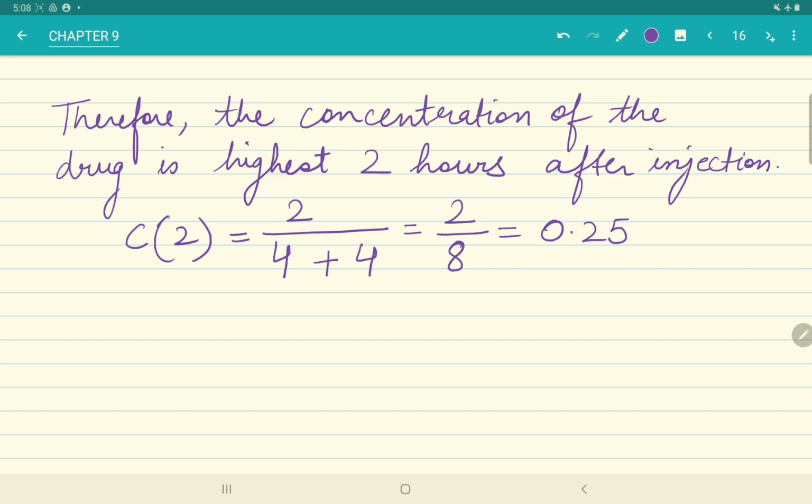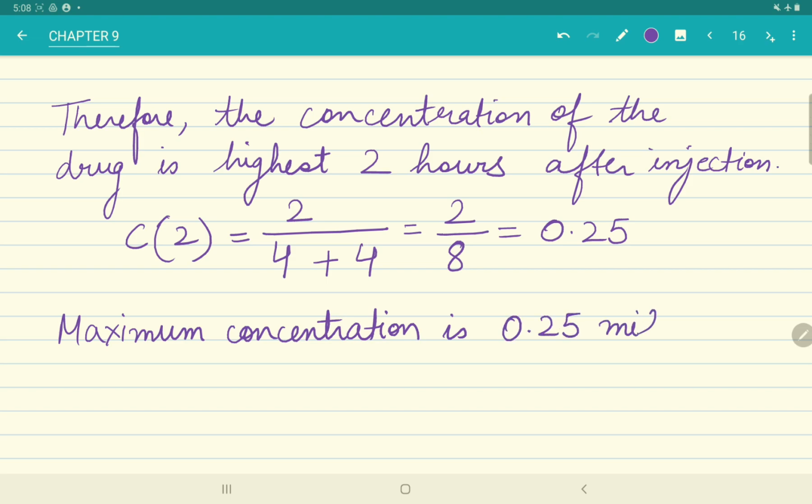And that means the maximum concentration is 0.25 milligrams per liter.